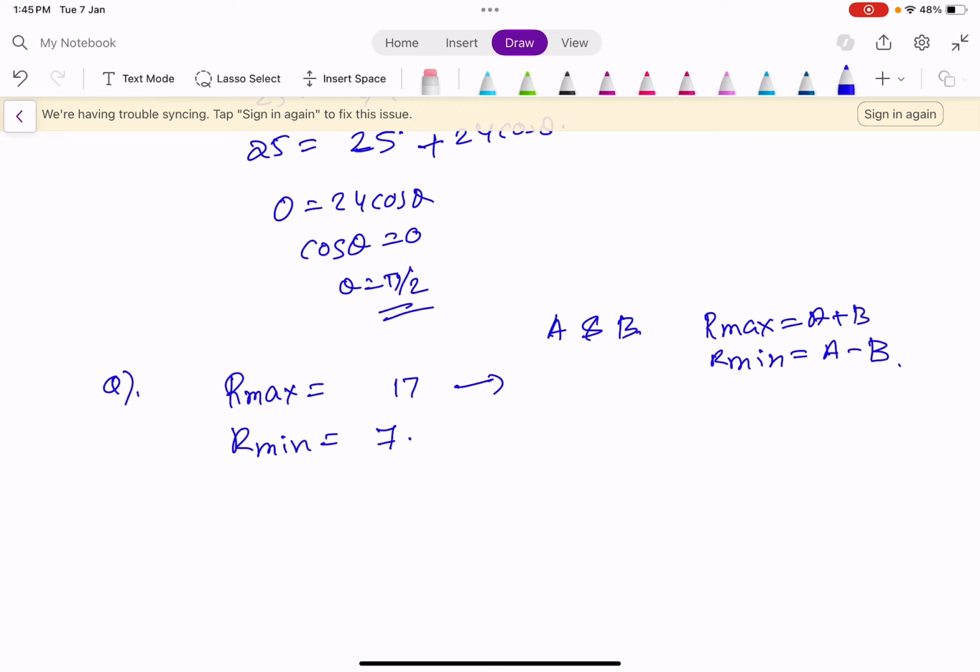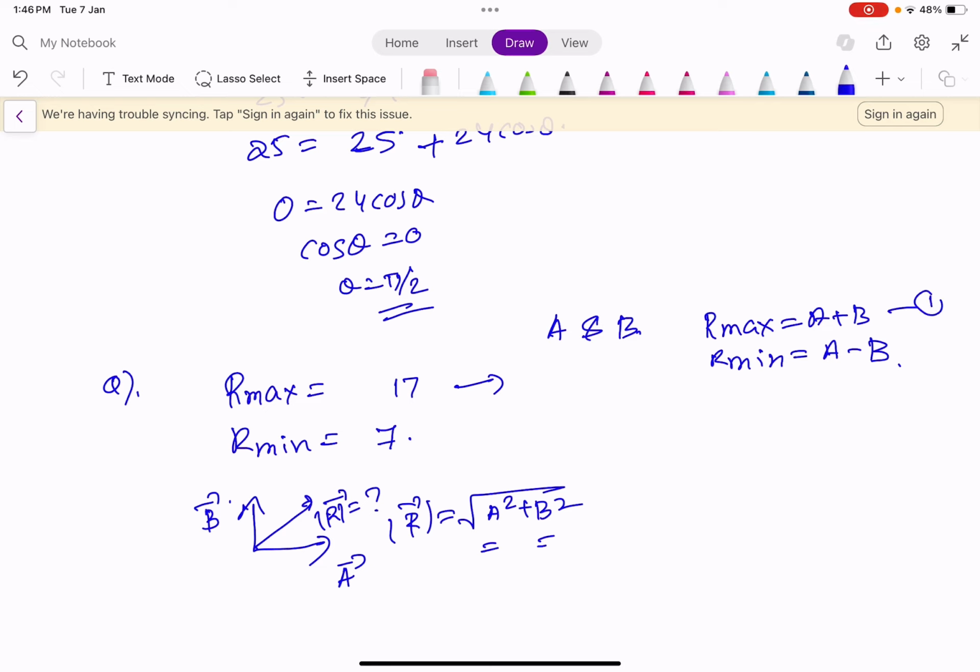And they are telling that if these two vectors are at right angle to each other, then what is the magnitude of the resultant? This is what they are asking. That is what we know, it is root of a square plus b square. So we need to know what A and B are.